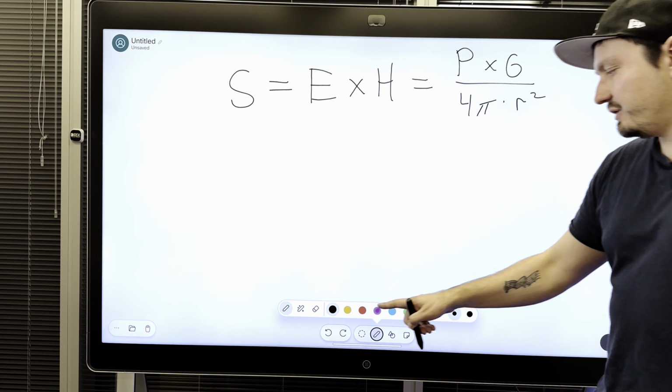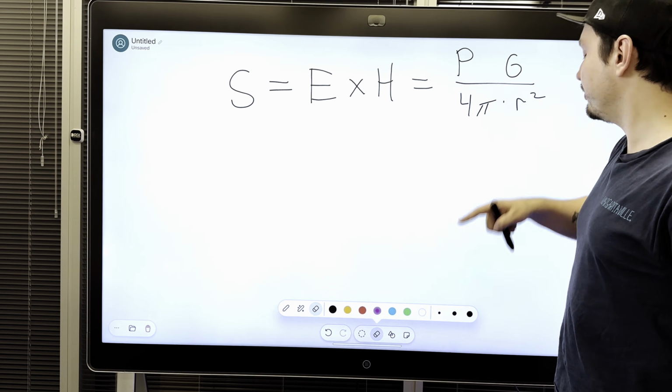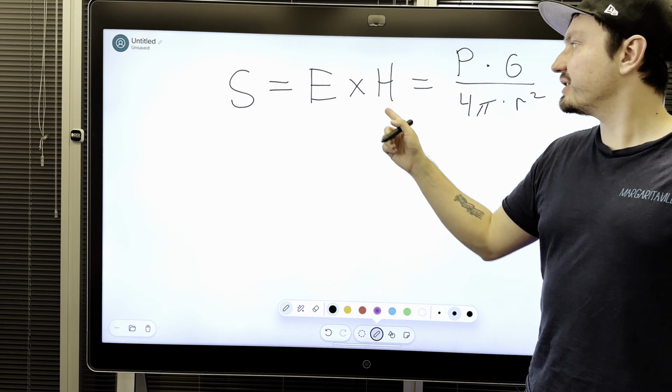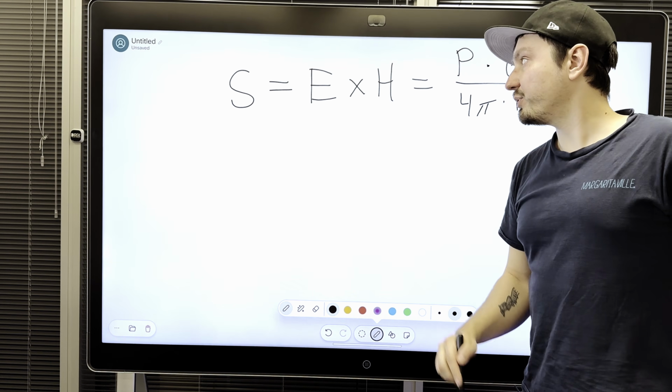I should also differentiate between the cross product and multiplication, because in this case this is a multiplication and in this case it is a cross product.